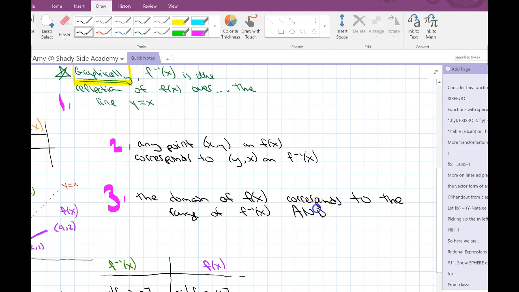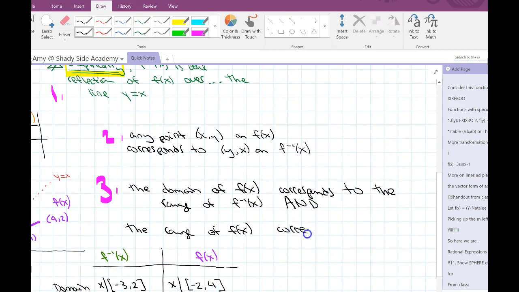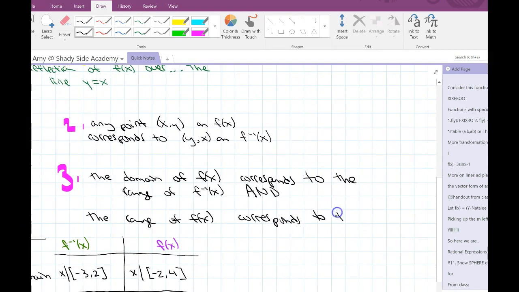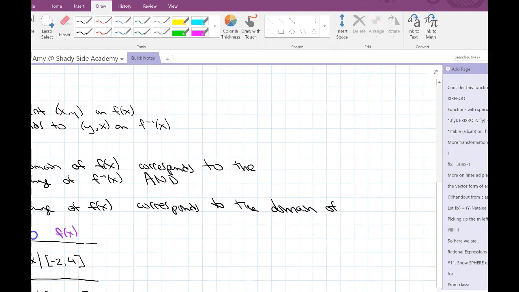And similarly, right, the range of f of x corresponds to the domain of the inverse of f.